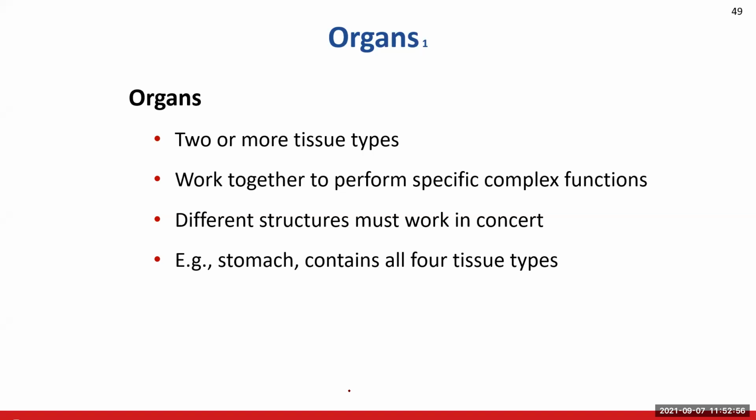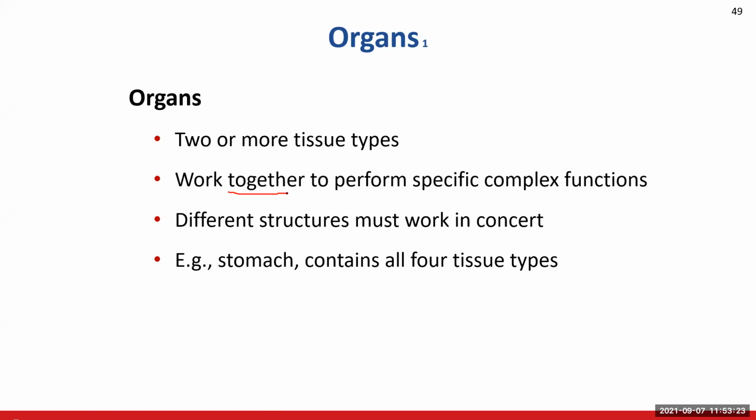We could put them together, stick them together, and these tissue types are going to work together like a team. And so now we've just made an organ. So basically it's two or more tissue types that are working together to perform specific, not simple functions, but complex functions. And in some of these situations, they have to work together or in concert.